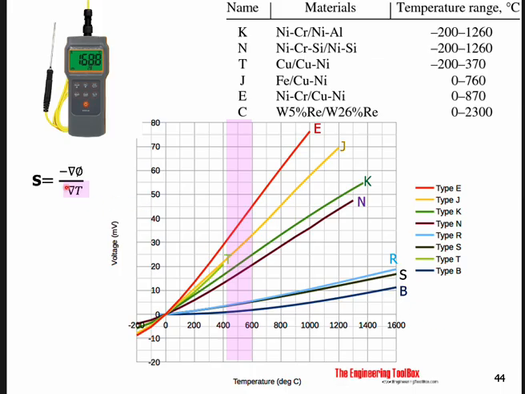I already fixed the temperature range I am interested in, because I am targeting that I want to measure the temperature between 400 and 600. So which thermocouple can offer you the best temperature resolution would be the E, right? Because the slope is largest.